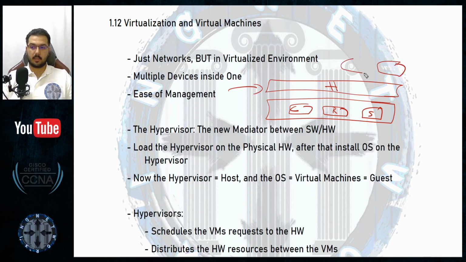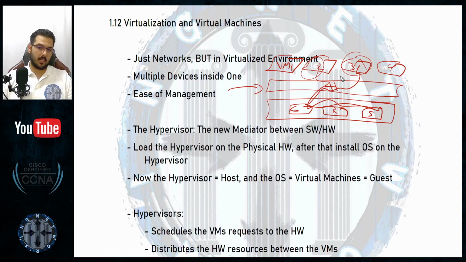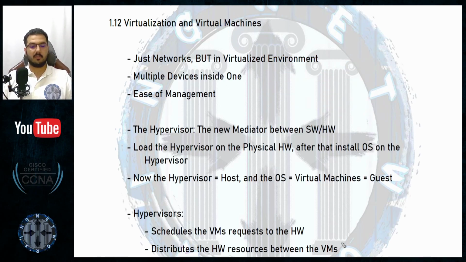And you will start creating multiple VMs on that hypervisor in that way. So when one of them requests something, or to communicate with the other, it goes through the hypervisor to the resources, and then up to the hypervisor, and it will be done in that way. And also it distributes the hardware resources between the VMs. It's the one that assigns those resources.